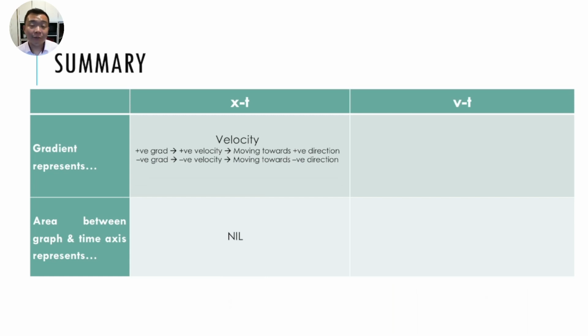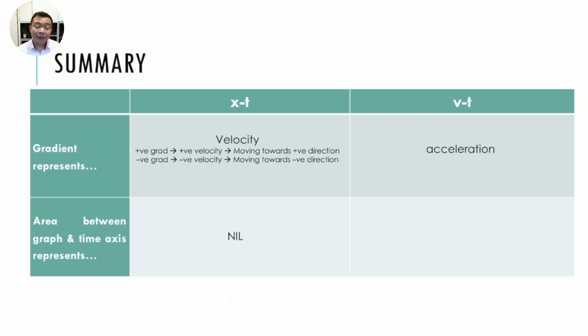What does negative velocity mean? It means that the object is moving towards the negative direction. Okay. Moving on, if you look at the velocity time graph, what does the gradient tell you? The gradient simply tells you about the acceleration. Take note again, you can have positive acceleration or negative acceleration.